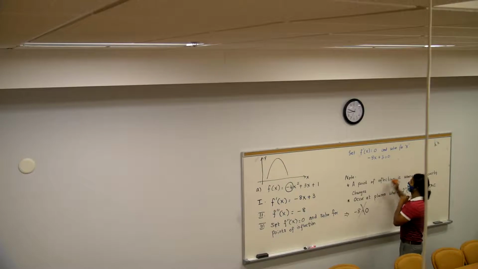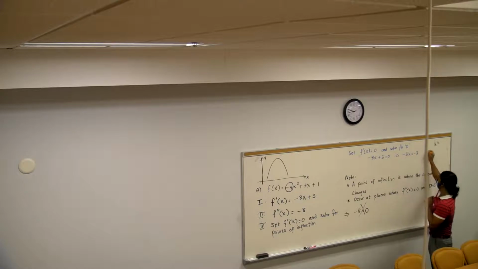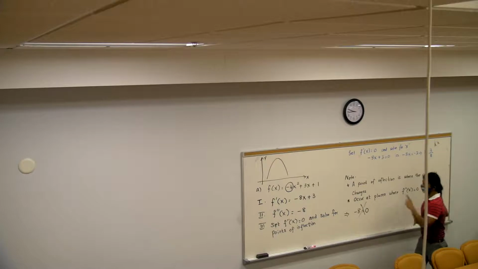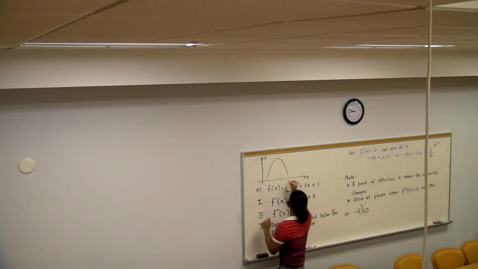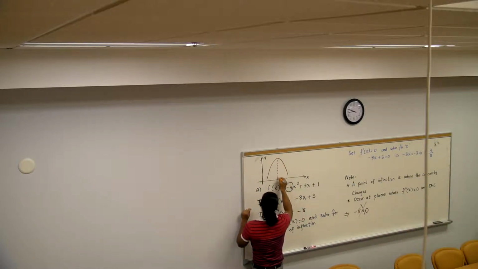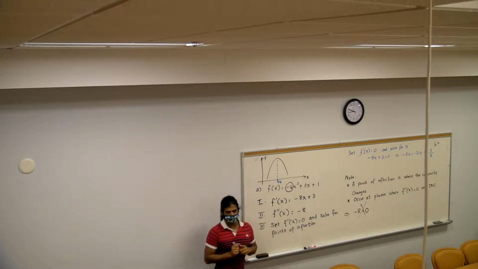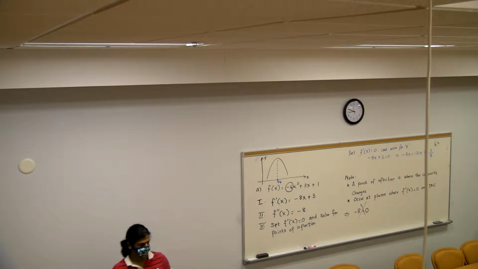Which would mean negative 8x is equal to negative 3, which turns into x equals 3 over 8. So that point right there is 3 over 8. Good?